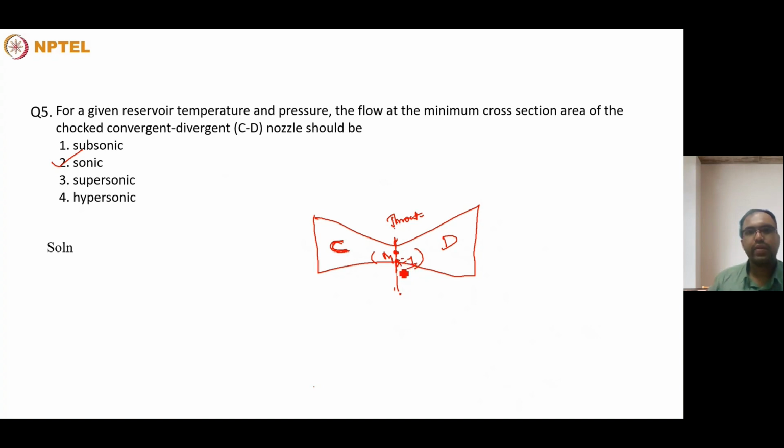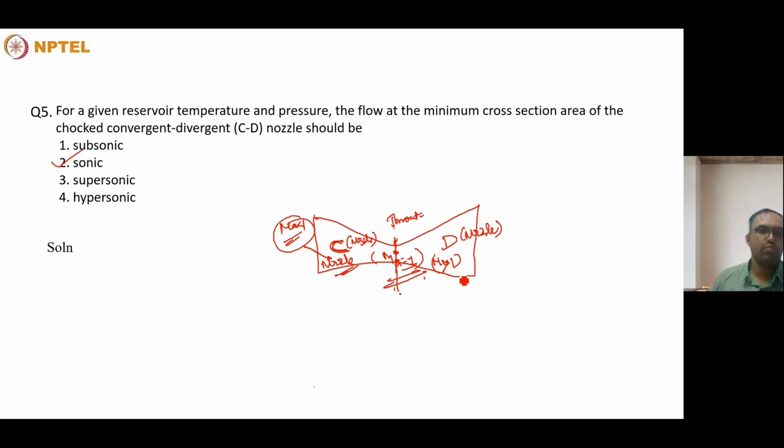So this is the advantage with the converging diverging duct. And for a given reservoir temperature and pressure, the flow at the minimum cross-sectional area of the choked convergent divergent nozzle should be equal to 1. So for subsonic flow, this acts as a nozzle, and for supersonic flow, the diverging section acts as a nozzle.